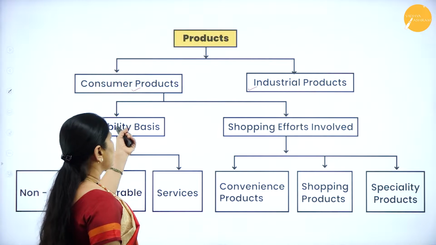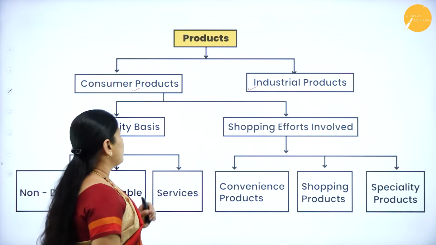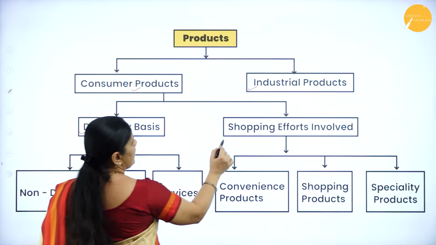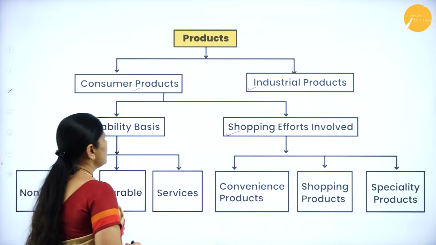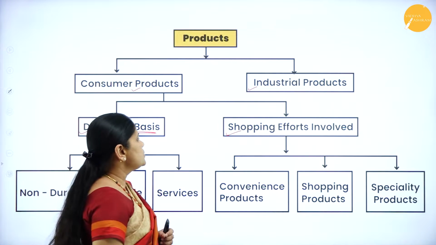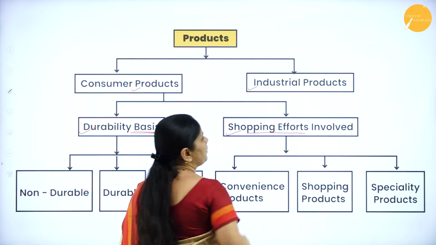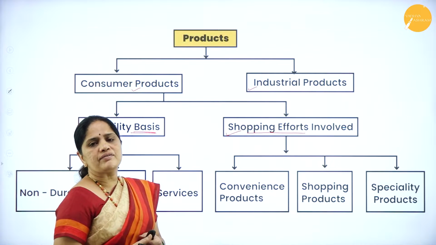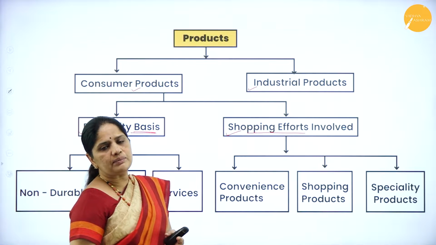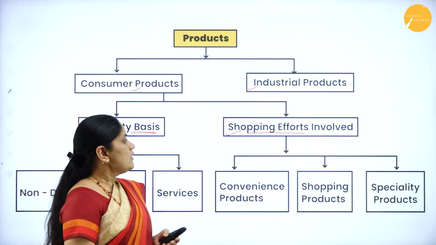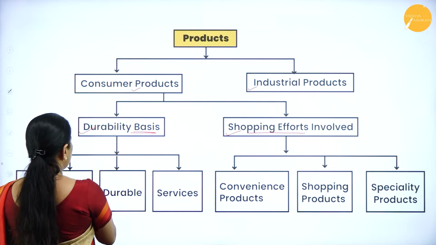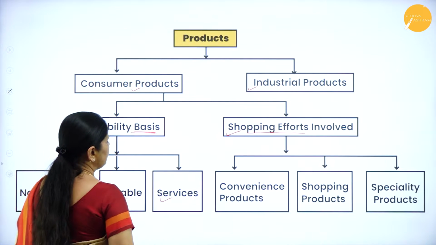Now, let us see what are the different kinds of consumer products. In consumer products, we have the durability products and the shopping efforts involved. There are some products which are more durable, for example, the consumer durables, and there are some products for which a lot of shopping effort is involved, for example, the purchase of a dress or shoes, slippers, etc. In durability, we have non-durable, durable, and services.